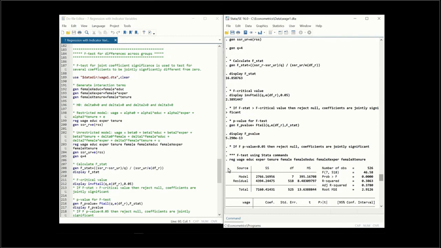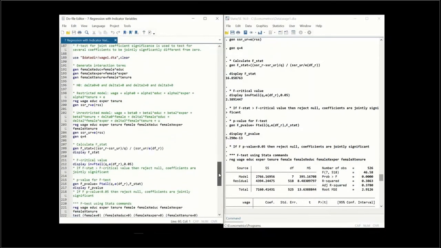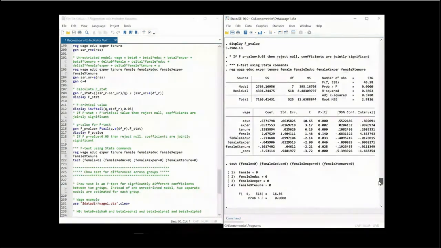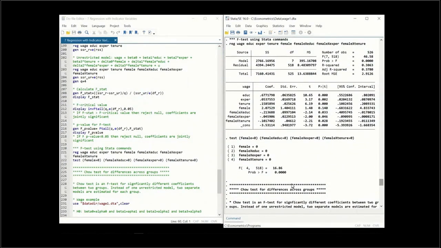All of this could be done much quicker by using the F-test with the Stata commands. So here we're running this model, and then we're testing whether the coefficient of female and all the interaction terms are equal to 0, and we obtain the same F statistic and p-value, and we're concluding that these coefficients are jointly significantly different from 0.